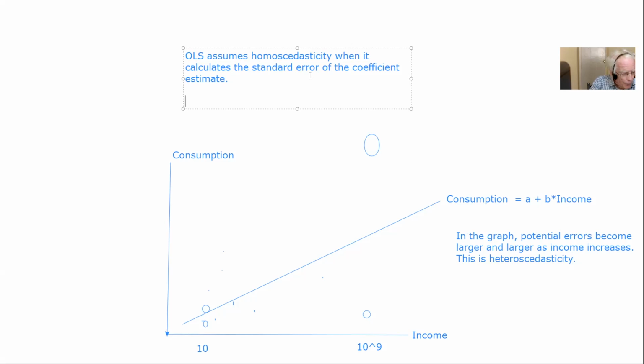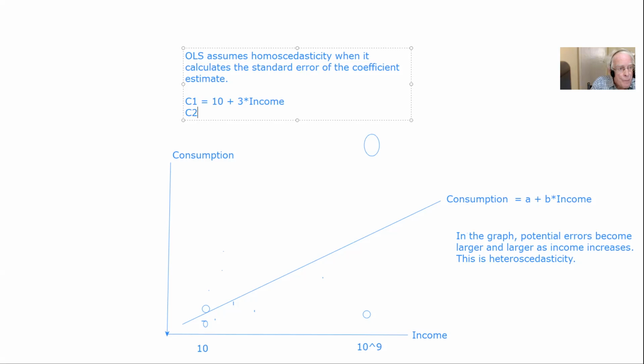So, for instance, here's one sample of consumption and income across 15,000 households. And we find for those households that an estimate of the coefficient of income is equal to 0.3.